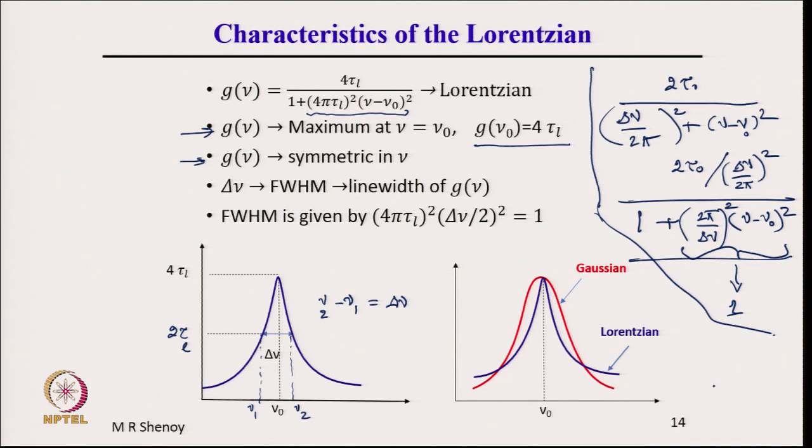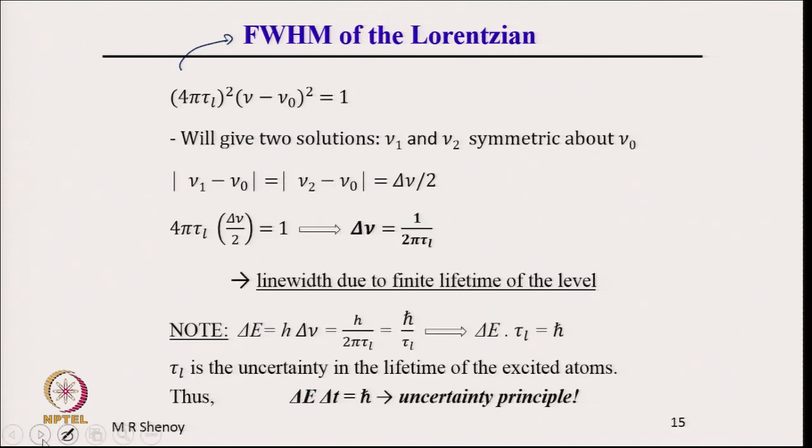Half maximum means: at nu equal to nu 0, the second term is 0 and the maximum is given by the numerator because there is only 1 here. And half of that maximum would come when the entire denominator is 2, which means the second term is 1. That is what is mentioned in this slide.